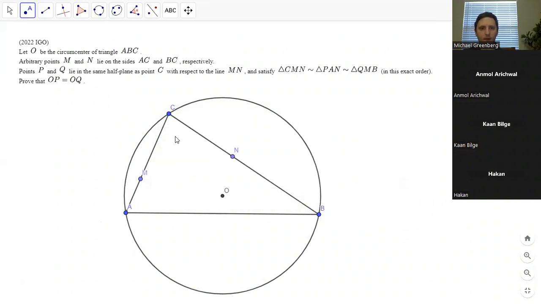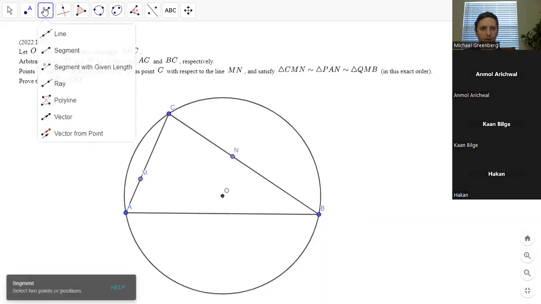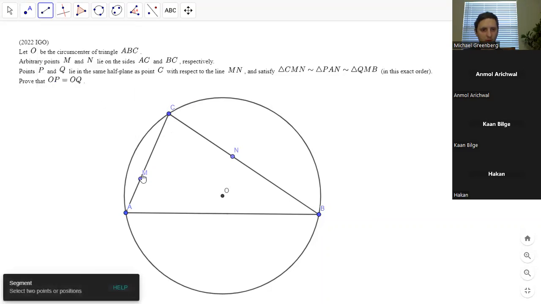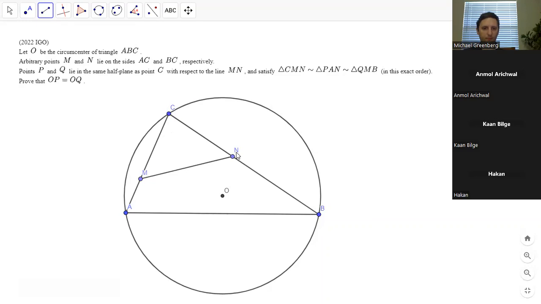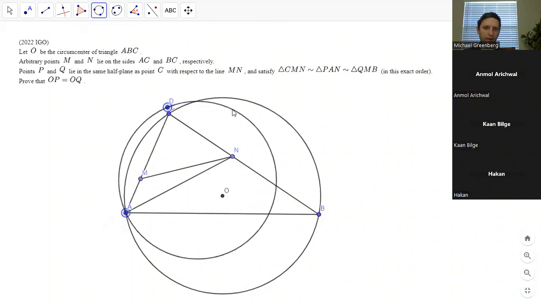And CMN is similar to PAN. Okay. Let me think how to do this. We want an angle here that's equal to, so yeah, I think we can draw the circumcircle CAN.